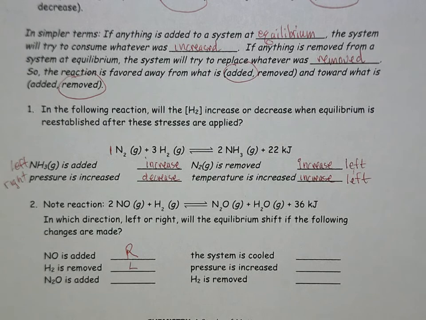This is really the hard part of the whole idea. It's always doing the opposite of whatever has been done. N2 is added. Well, the N2O, that's over here on the right side. Therefore, we want to go away from whatever's added. Shift left.